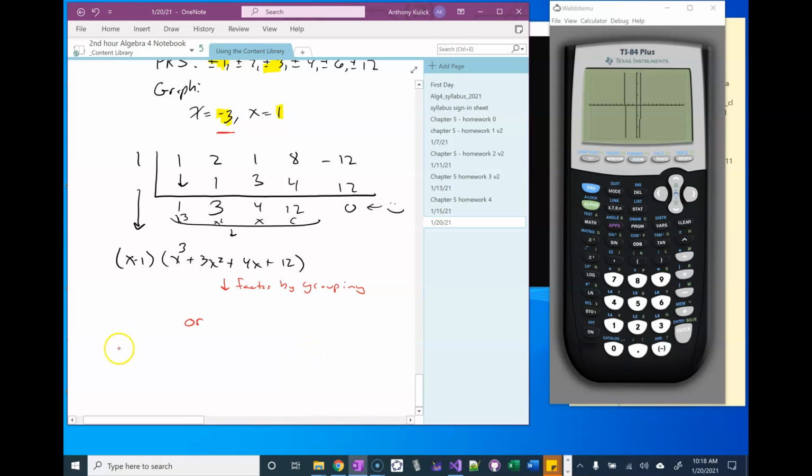So I could factor that by grouping, or I can do another synthetic division. So I can take that quotient and do the synthetic division with the other piece that I haven't used yet, the other x-intercept that I haven't used yet.